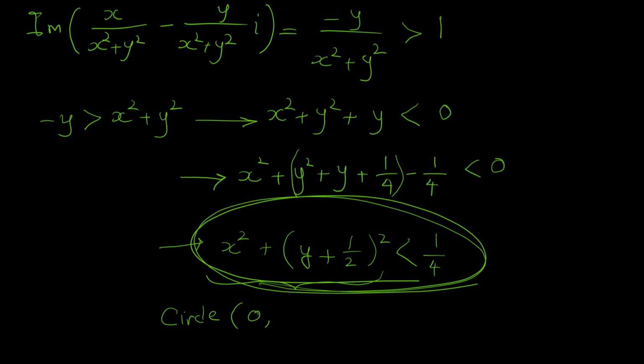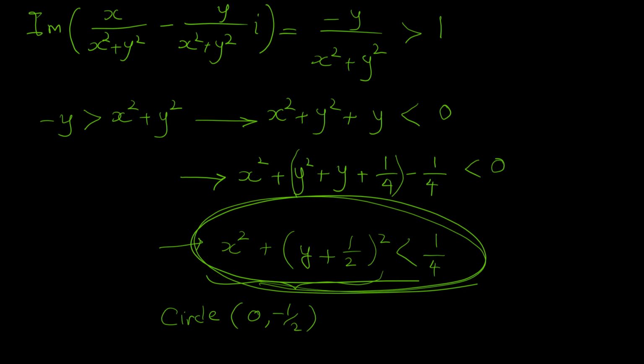We have y plus 1/2. But in the standard equation, we have x minus x0 to the 2, y minus y0 to the 2 equal r2, and x0 and y0 is the center. Here it is y plus 1/2, but it should be minus. So y plus 1/2 is like y minus negative 1/2. So the y coordinate of the center is negative 1/2.